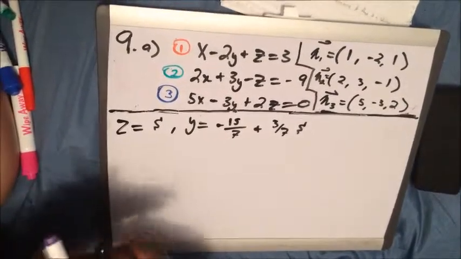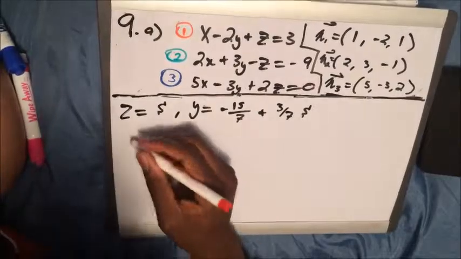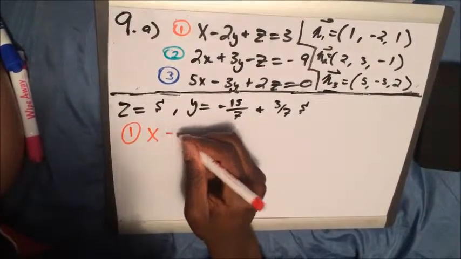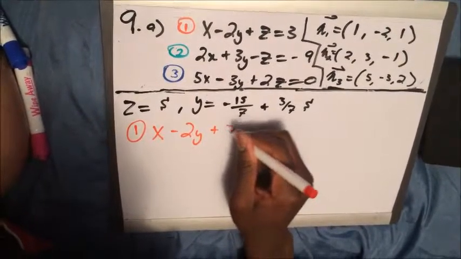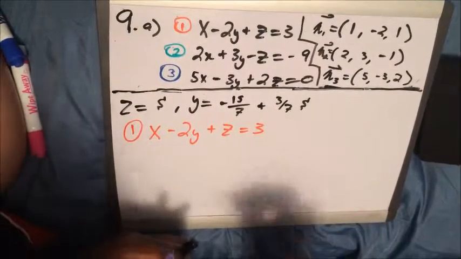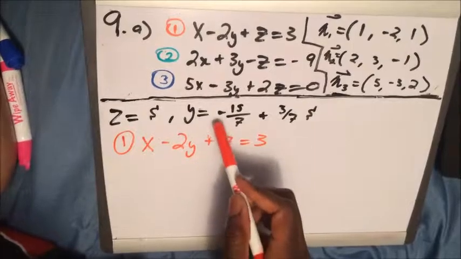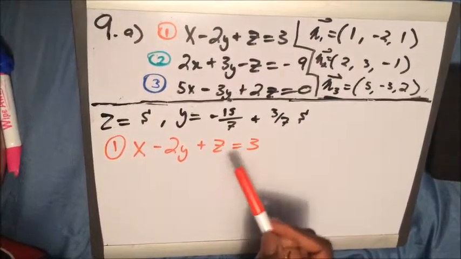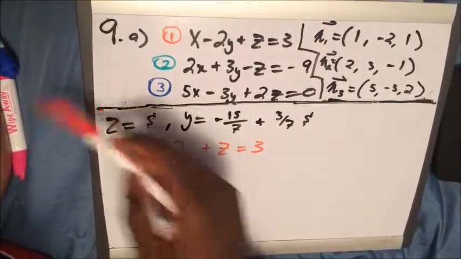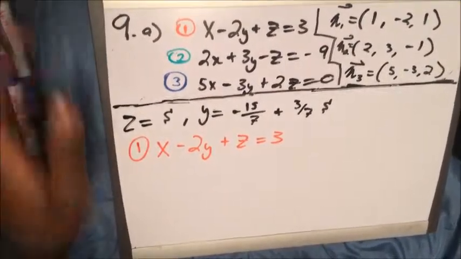So we can take our first equation, equation 1, x take away 2y plus z equals 3, and we can substitute the values of y and z into the equation to solve for x. So that's what we're going to do right now. We're going to solve for x.